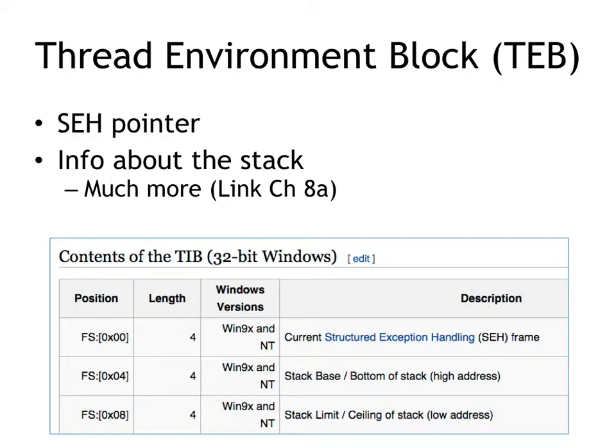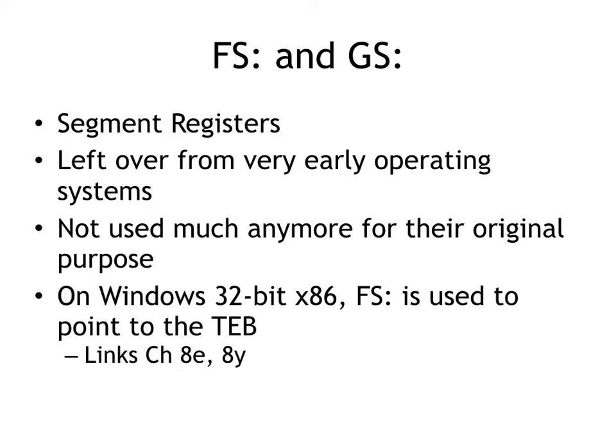And so you've got the bottom and top of the stack here, and you've got the SEH, which is the thing we're really interested in today. So FS and GS are segment registers. On Windows 32-bit, FS points to the thread environment block. On Windows 64-bit, it is somehow more complicated, and there's links here to articles that go into it.